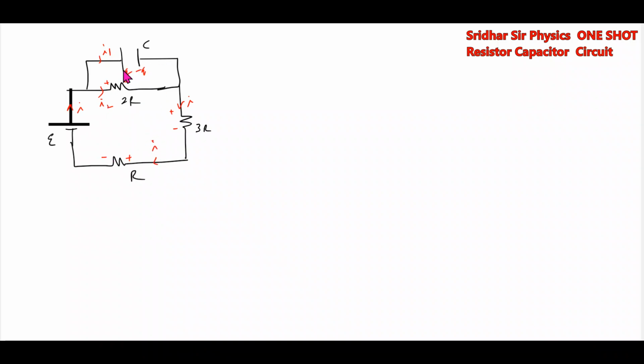Let the charge across the capacitor at any instant be Q. Then the equation will be plus Q by C minus I into 2R, I into 3R, I into R equals 0. This is the positive plate. Then I'll move like this: plus Q by C minus I2 into 2R equals 0.